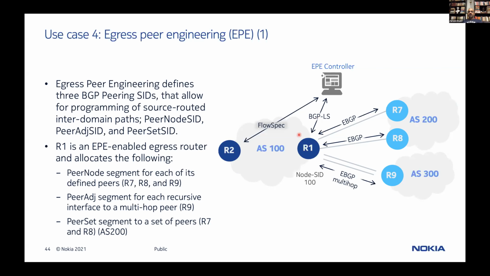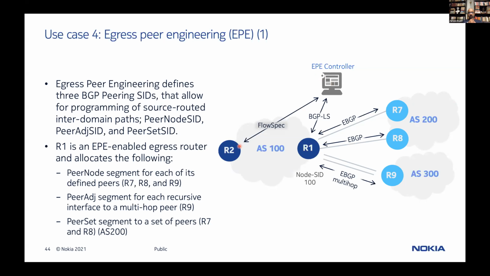So by virtue of this link state capability in BGP, your controller can get an understanding of your IGP topology. Very powerful. This is how your SDN controller gets visibility into the topology of the network through BGP-LS. Now we've also got BGP flowspec happening between the EPE controller and R2. So this is just to set things up. I'll talk you through what that actually means.